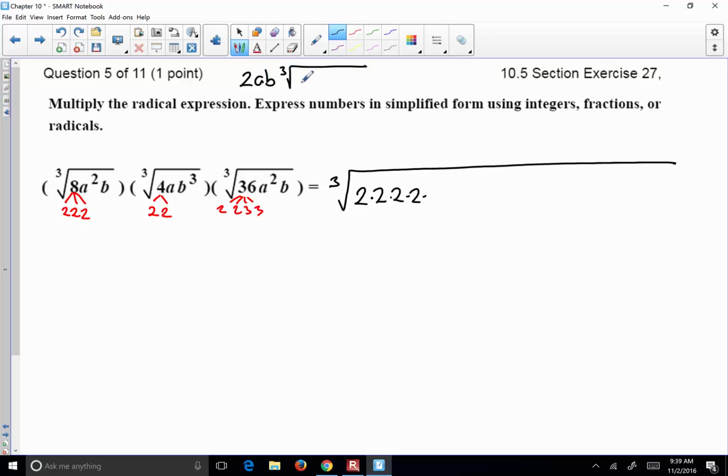Mm-hmm. 144 a squared b squared. Any different answers? I have a feeling 144 is too big. You may save some people out of 144. I don't know. Maybe I'm wrong.